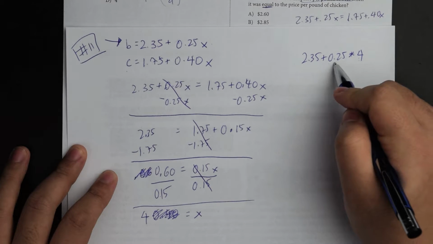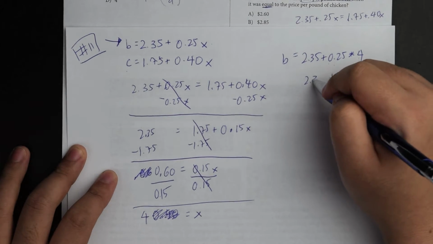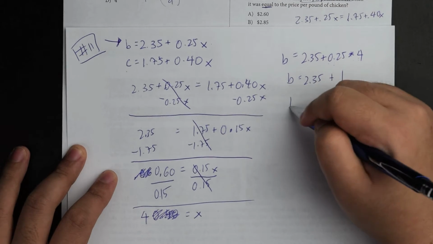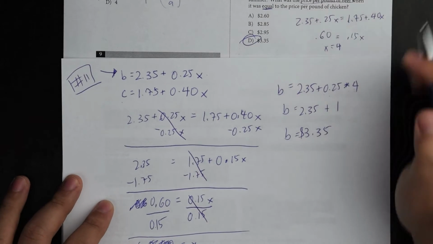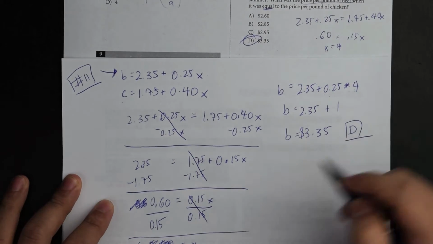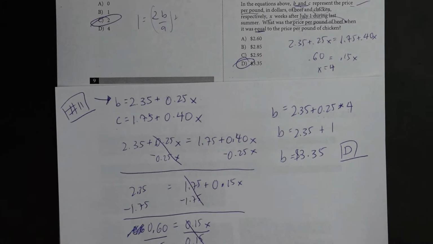When I multiply these together, it's 1, so 1 plus 2.35 equals b. B equals $3.35. I duly note the unit, and thus the final answer is going to be D. And so that's how I am able to do number 11.